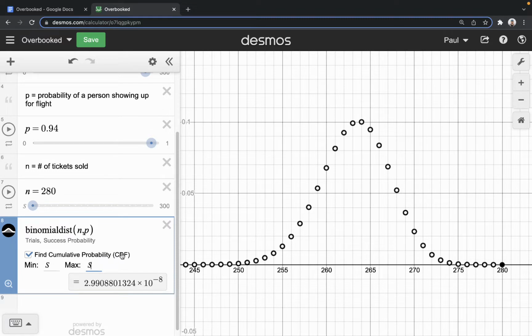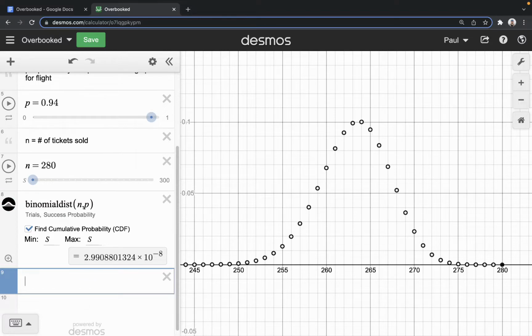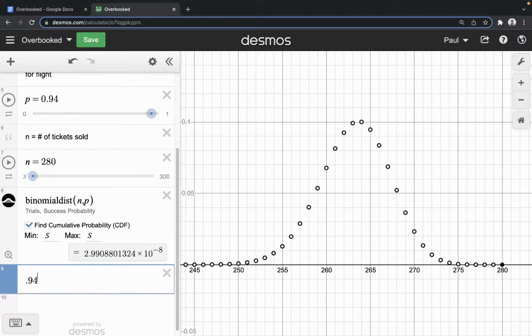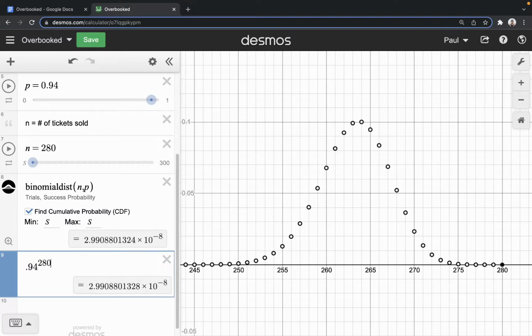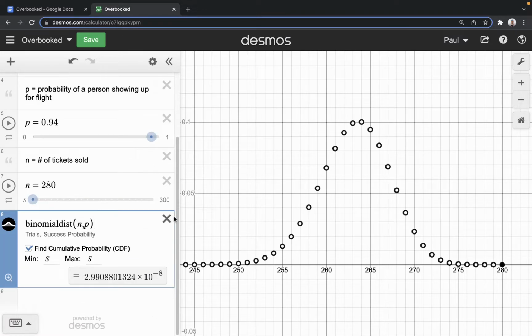So that's the cumulative probability of P of S, basically anything from S to S, just one outcome there. That's approximately 0. In that situation, we have a 94% chance of each person showing up times itself 280 times. So every passenger gets that 94% chance. If they all are going to show up, that's basically a 0 probability.